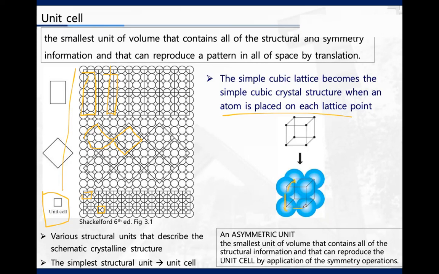The unit cell in all three-dimensional directions should be able to provide you the same symmetry, even though you moved it. So it's the simplest type of structural unit. It's actually a symmetric unit that defines a crystal, right?